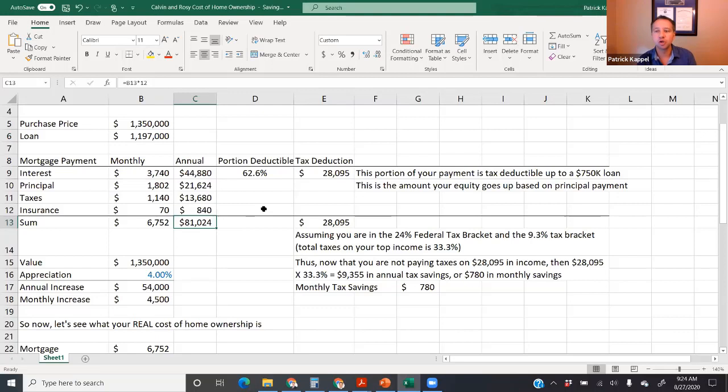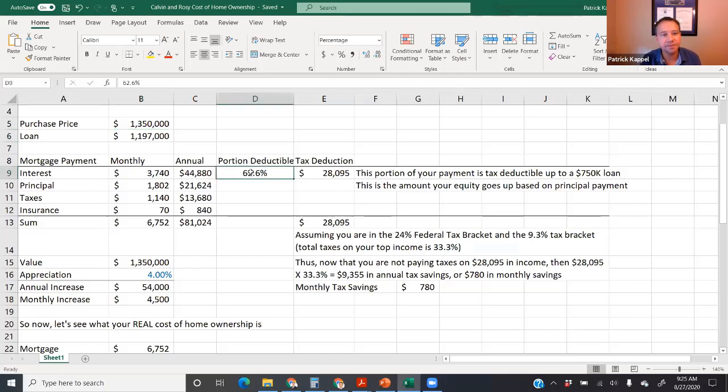Now let's start looking at the true cost of home ownership. A portion of this mortgage interest is deductible. What portion? You guys know the answer. I just covered it like 10 minutes ago. We can deduct the interest associated with $750,000 of that loan.